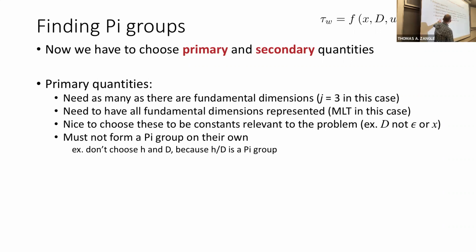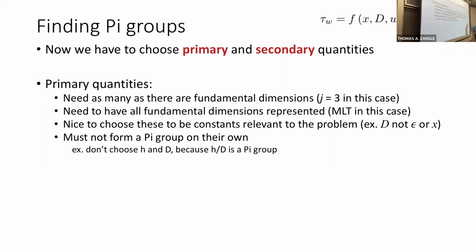So for example, let's call this X instead of H, because H is not within this problem. You couldn't choose X and D because X over D is dimensionless. And we're going to make dimensionless quantities out of the other variables, actually. So we have to make sure that these primary quantities don't form their own pi group.